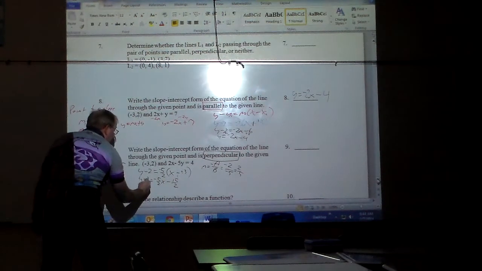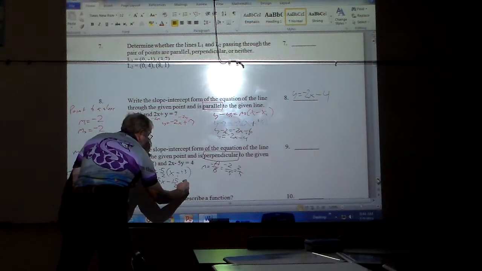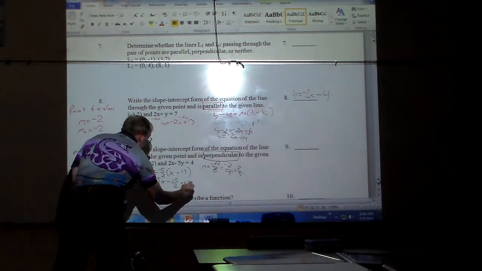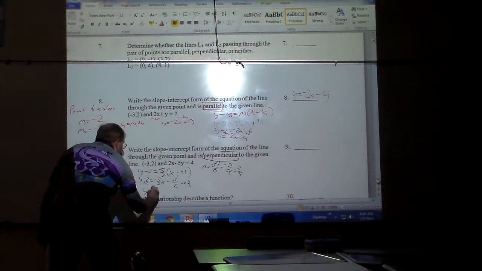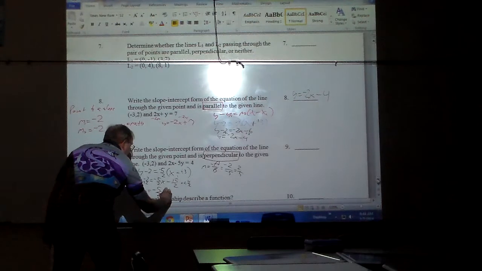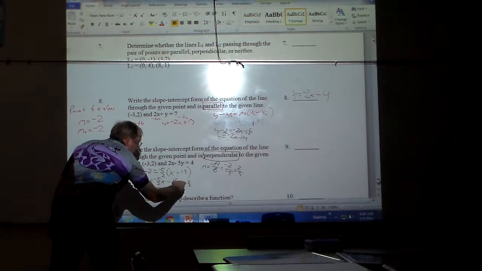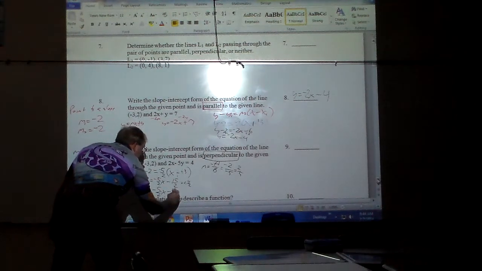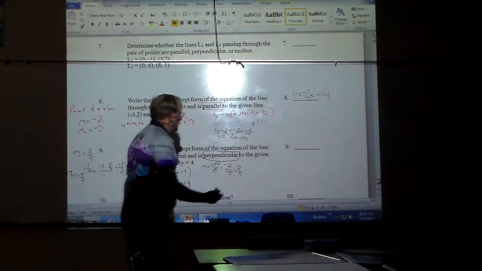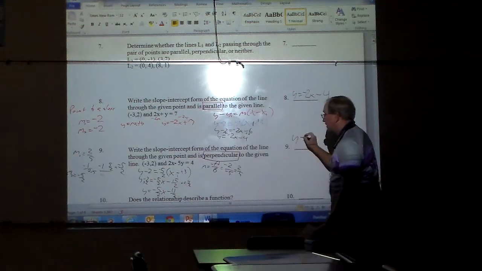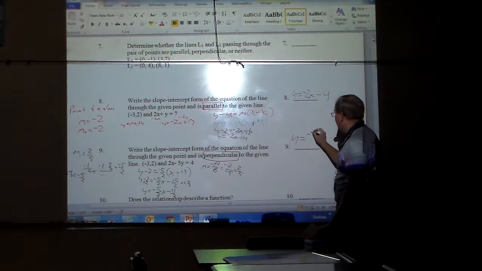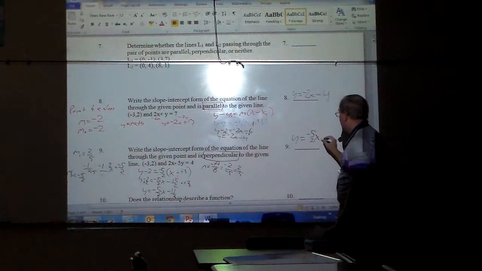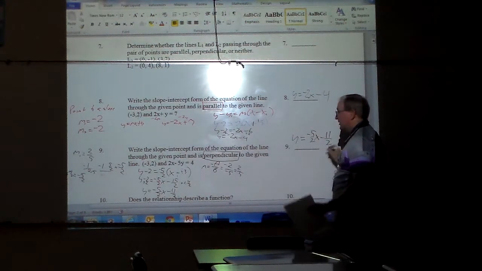And I'm going to need to add 2 to each side. If I add 2 here, it's the same thing as 4 halves. So y will equal negative 5 halves x, and negative 15 plus 4 will be minus 11 halves. So the final answer will be y equals negative 5 halves x minus 11 halves.